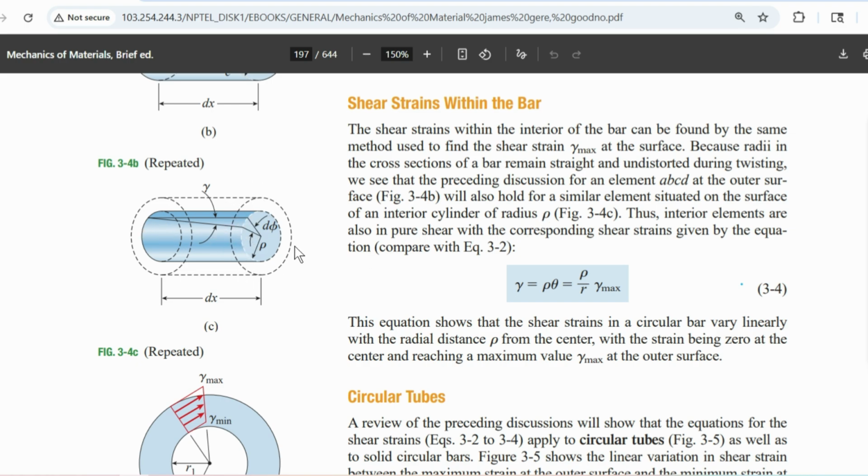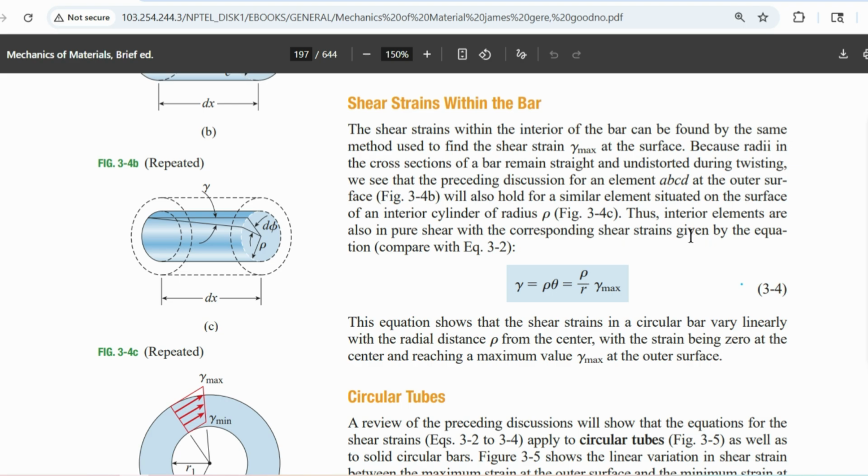So rho varies from 0 to r, just like x varies from 0 to L. Rho is the variable that varies from 0 to r, just like x is the variable that varies from 0 to L. I'm glad I'm saying that correctly because that helps my mathematics.